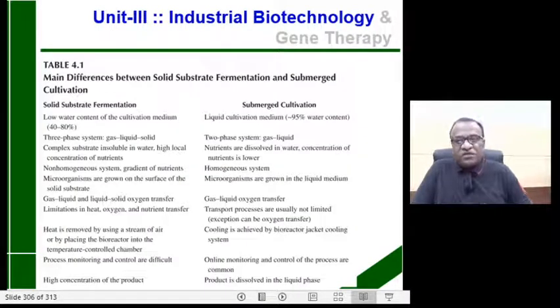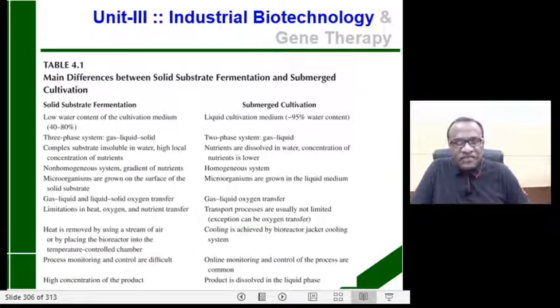Right. So this table gives you a broad idea about the differences between a solid substrate fermentation and a submerged cultivation, whatever we have discussed till now. In solid substrate fermentation, it is about the low water content of the cultivation medium, and it is a three-phase system: gas, liquid and solid.